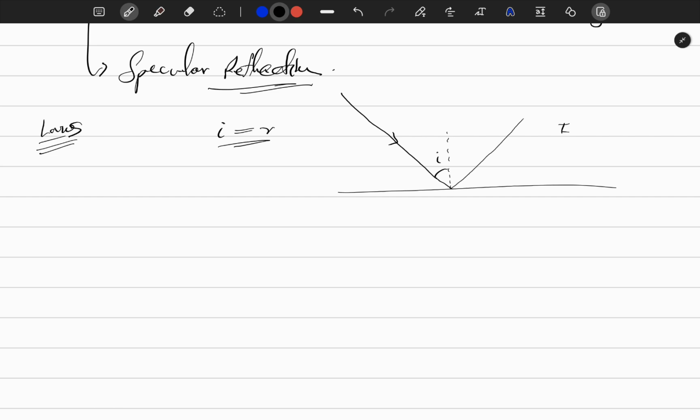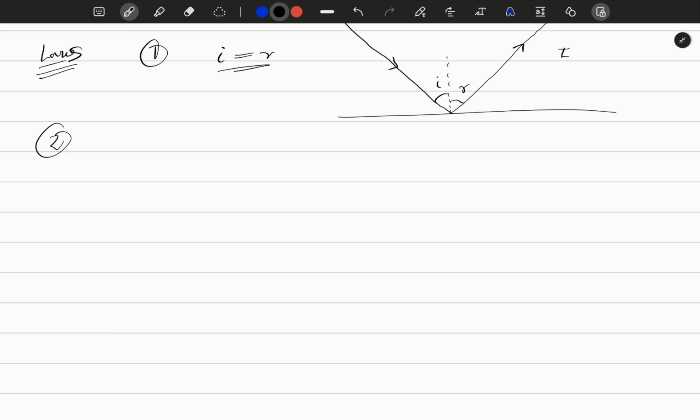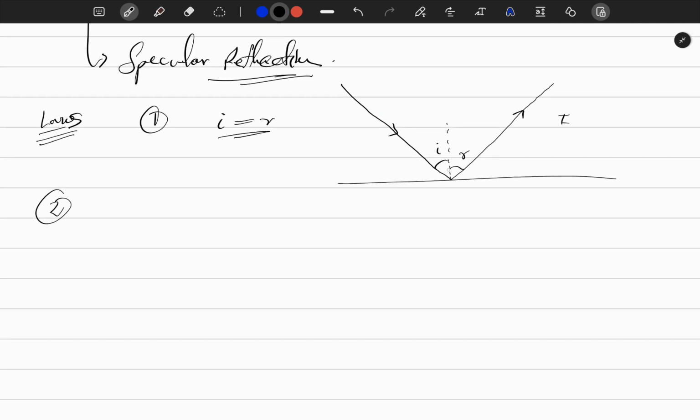The reflected ray makes the angle R with the normal, which is called the angle of reflection. So the first law of reflection is that the angle of incidence is equal to the angle of reflection. The second law is that the incident ray, the normal and the reflected ray are in the same plane. For example, in this case they are in the plane of paper.